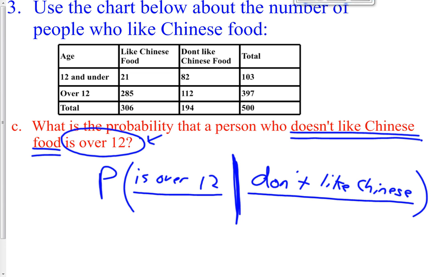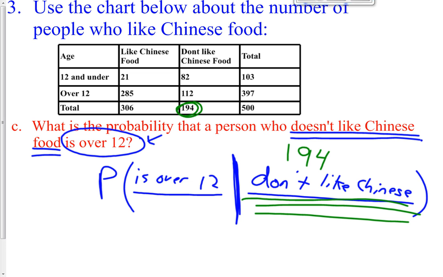So as we answer the question, we answer just like we have the whole day. We write our denominator first in this one. How many people do not like Chinese food? There's 194 of them. So 194 is going to be our denominator. Now that we know that, what is the probability that of those 194, that person is over 12? Well, here are the people who don't like Chinese food.